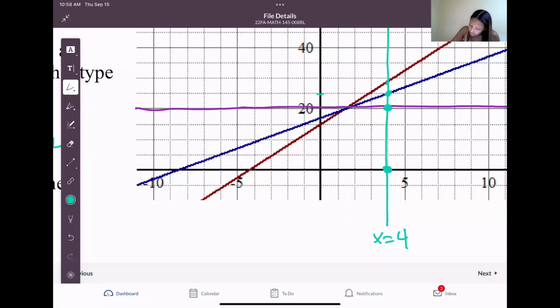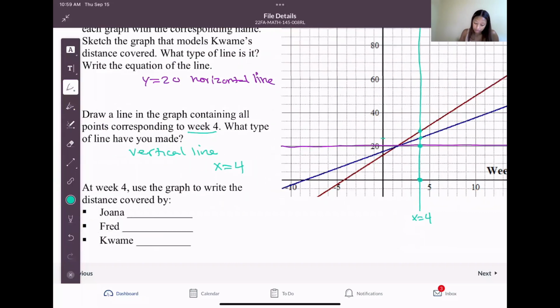And then this red line, let me erase this so I can draw it a little better. For Joanna, it's a little bit below 30. But if we're estimating, we could say it's about 30 miles.